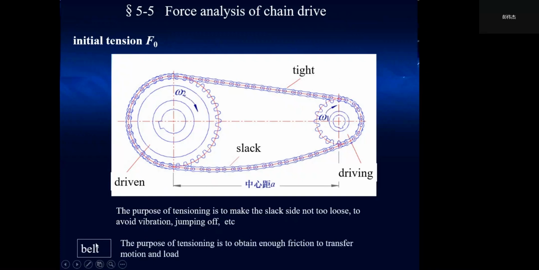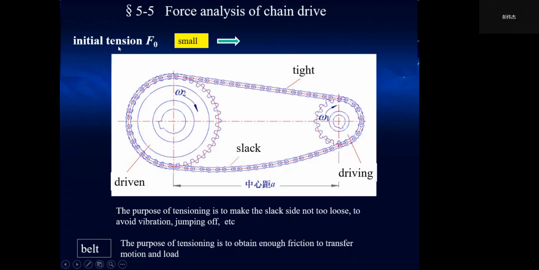But for a belt, the purpose of tensioning is to obtain enough friction to transfer motion and load. This is the difference between chain drive and belt drive.